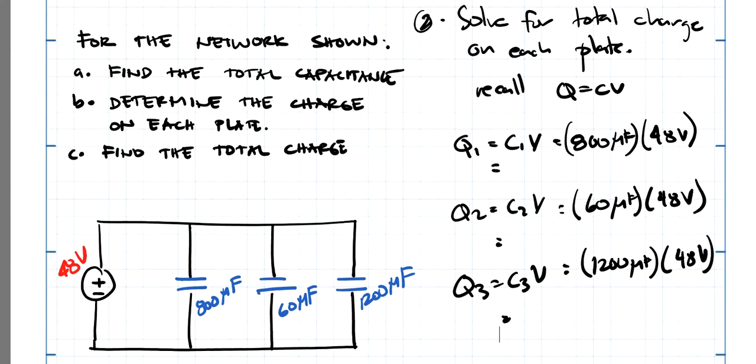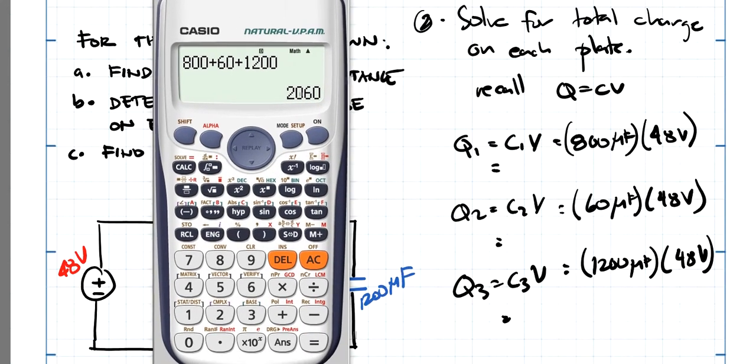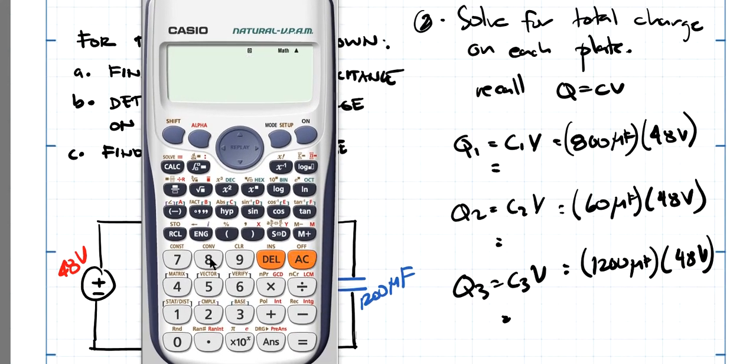Let's do the computation. We have 800 times 48, and since this is in micro, times 10 to the negative 6, so this is 0.0384.